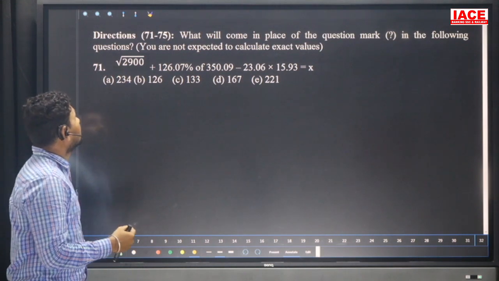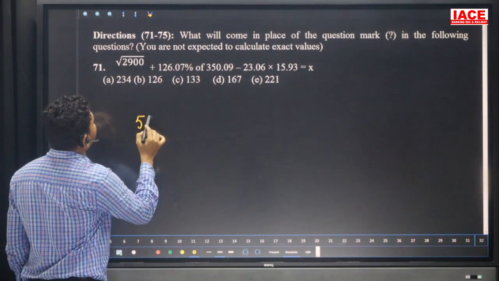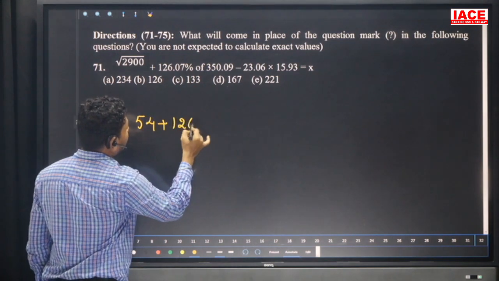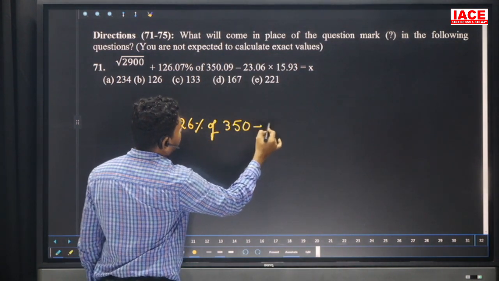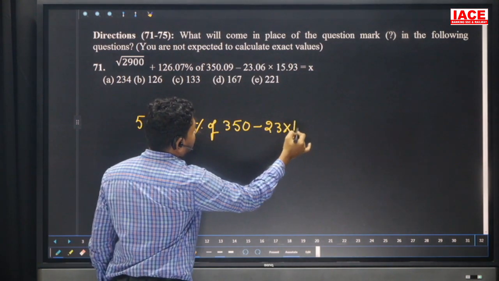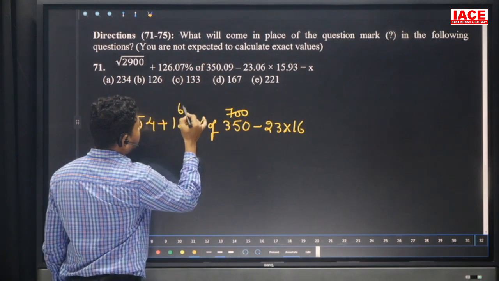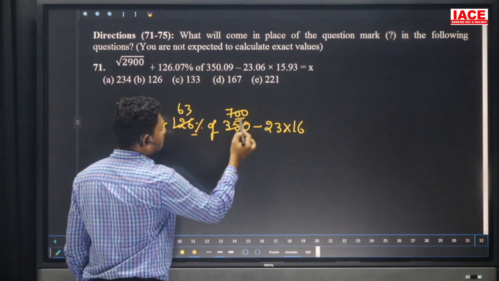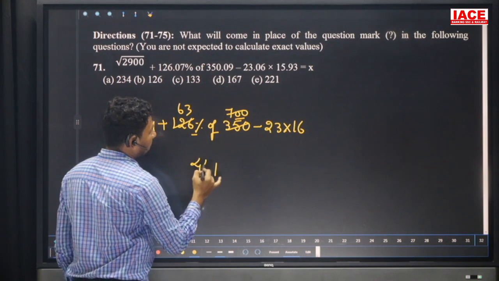Question number 71. Root of 2,900 we will write as 54 plus 126 percentage of 350 minus 23 into 16. Look at here, I am writing 700, here I am writing 63, and here 7 into 63 multiply, percentage wise 2 zeros cancel. 7 3s are 21, carry forward is 2, 7 6s are 42, it is 441.